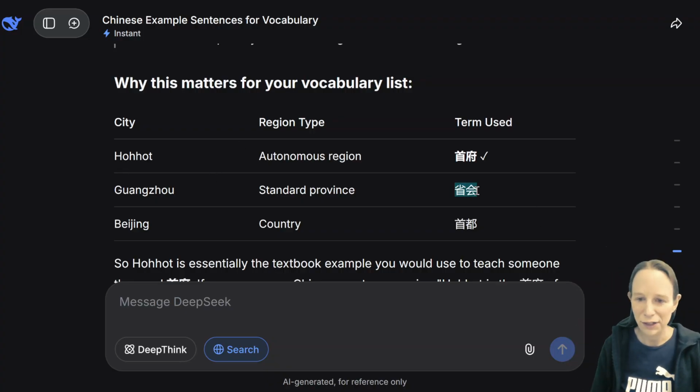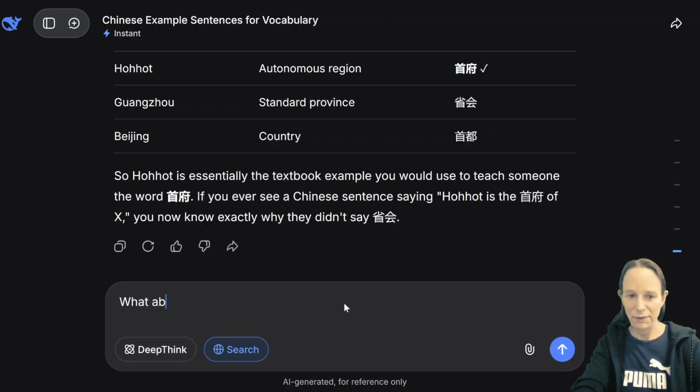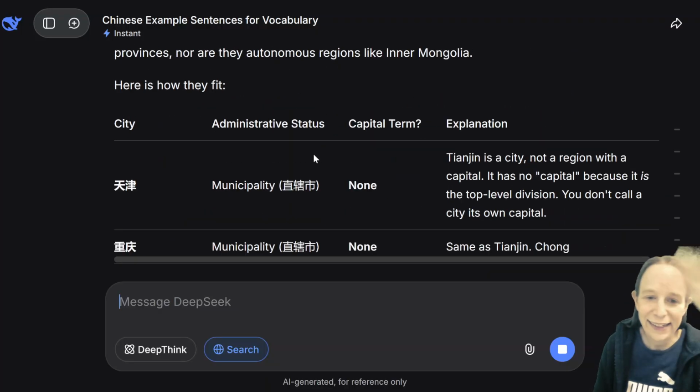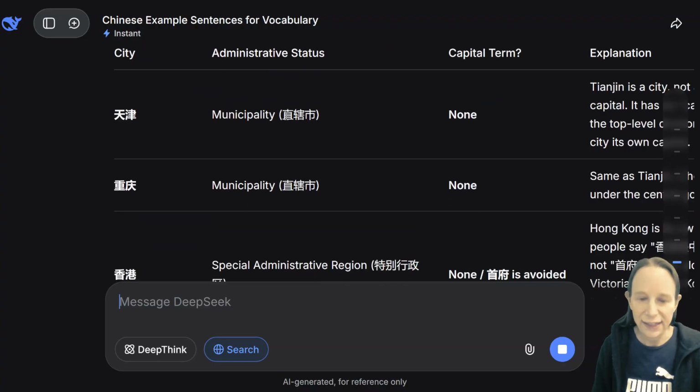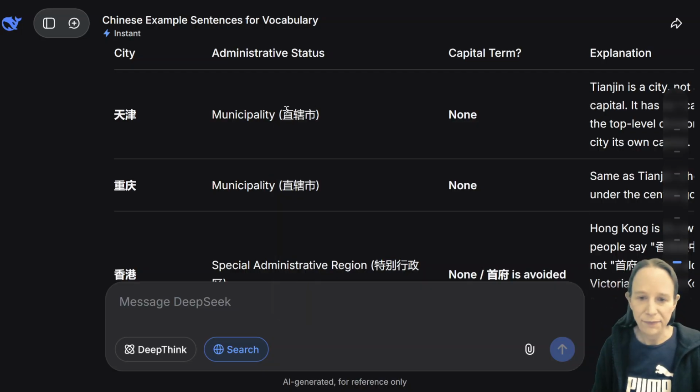Okay, 广州省会, 北京首都. What about Tianjin, Chongqing, and Shanghai? How does this work in there? Tianjin municipality, 直辖市, 直辖市. All right.